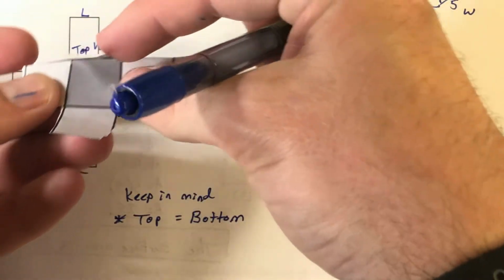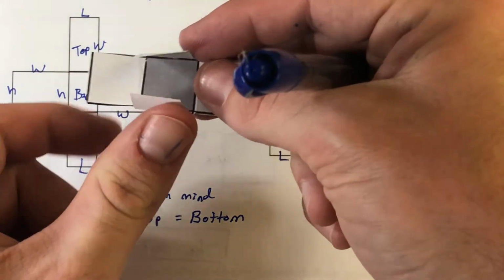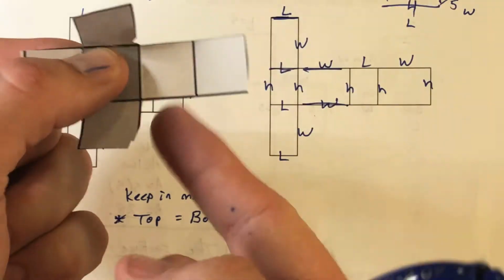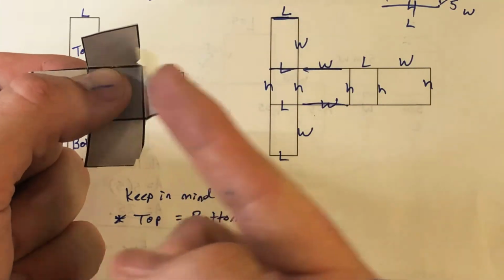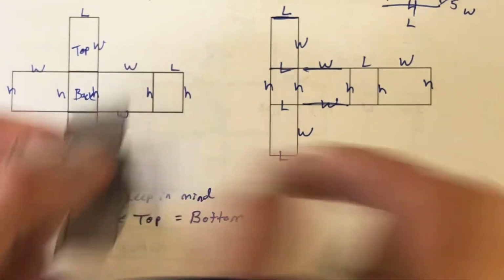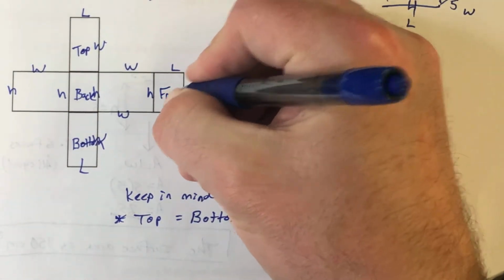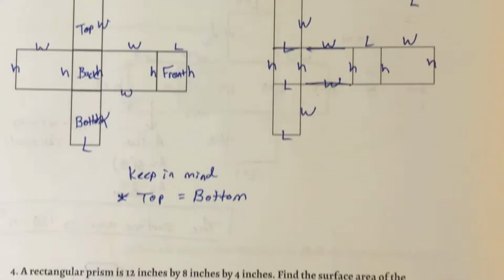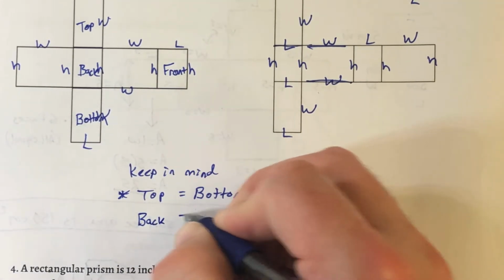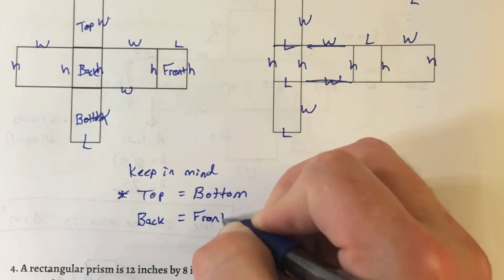So that's my top. That's my bottom. So that one right there is in the back. So what would be the front? Well, it's this one on the very far right. It's going to wrap around and then be in the front. So those two are going to be the same. So the back is going to equal the front.